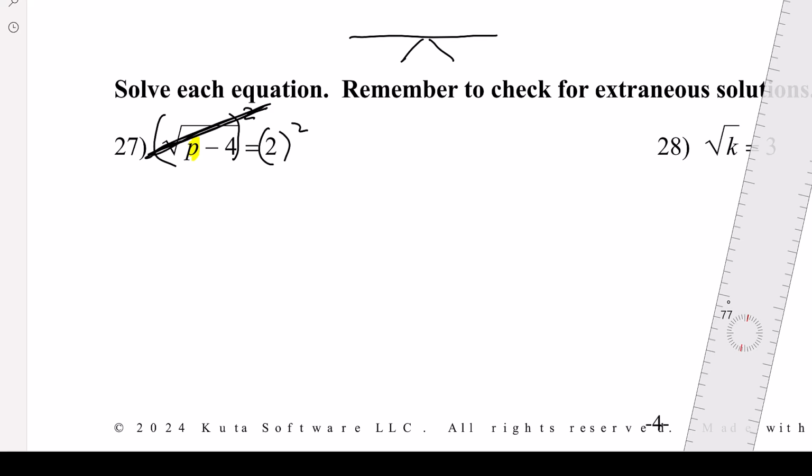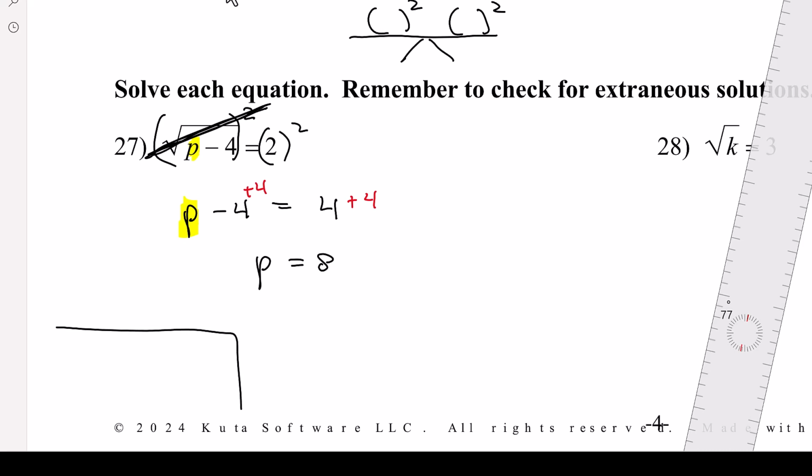To keep it balanced, if you do something to this side, you have to do something to that side. So now we have p subtract 4 is equal to 4. Well, we want to get the p by itself, so we will add 4. P is equal to 8, but then you have to check to see if that solution works.